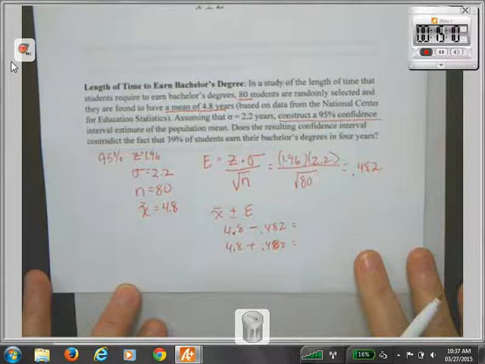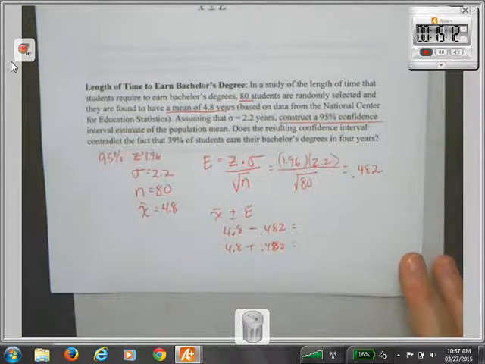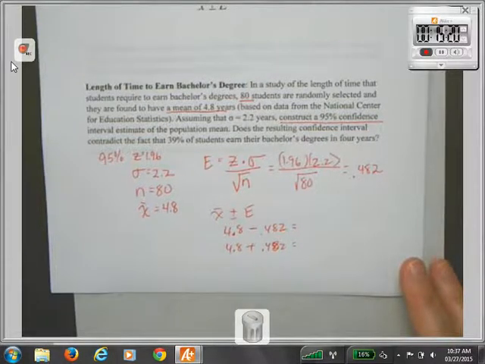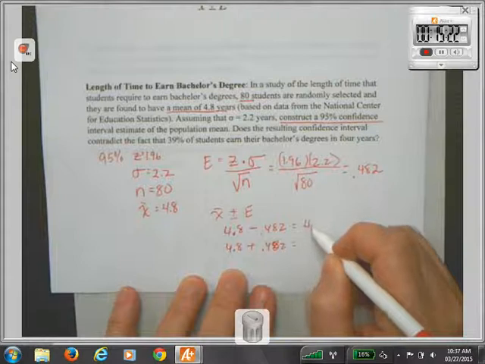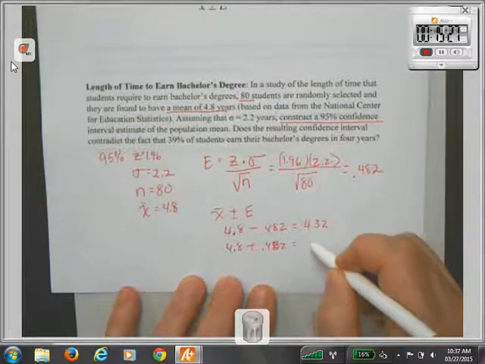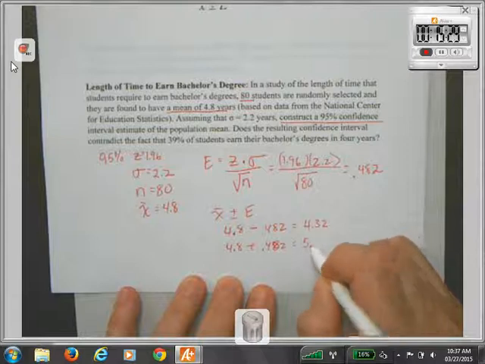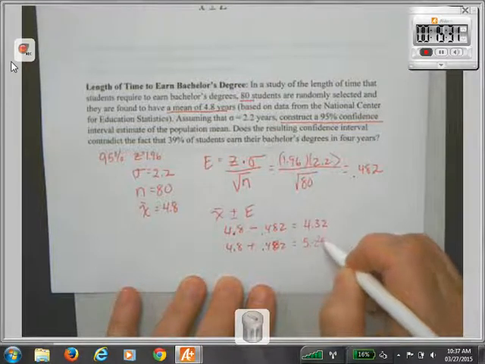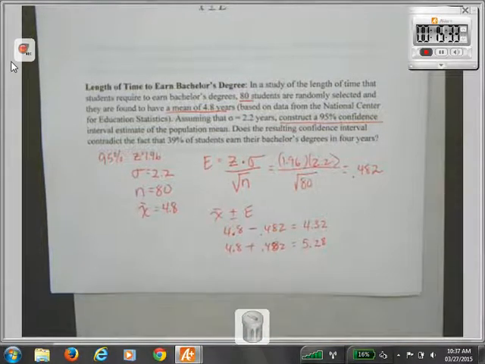Let's get these two values. And the lower one is 4.32. Now I'm rounding because I'm at the end of the problem. And 5.28. Now, again, these are years of college before getting a bachelor's degree.